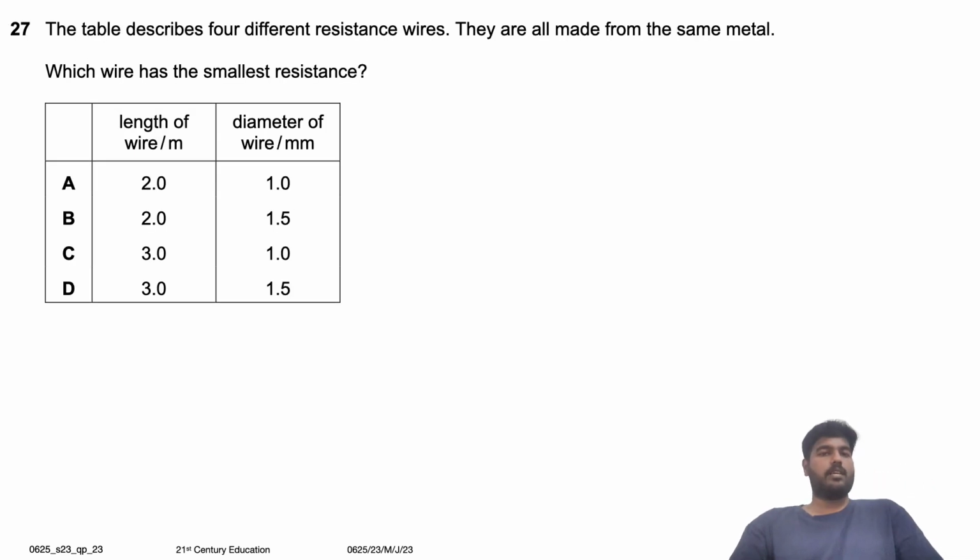The table describes 4 different resistance wires. They are all made from same metal. Which wire has the smallest resistance? Okay, we know that R equal to rho L by A, which is pi r square. So resistance is proportional to length and inversely proportional to radius square.